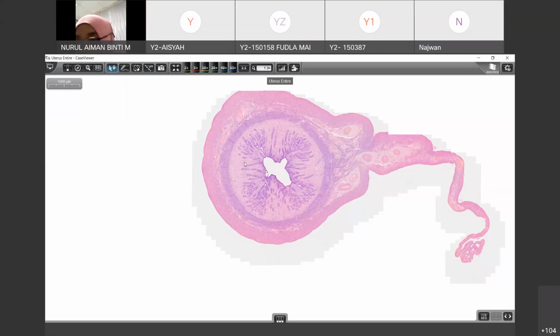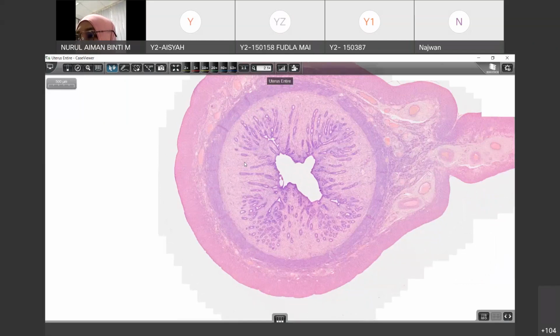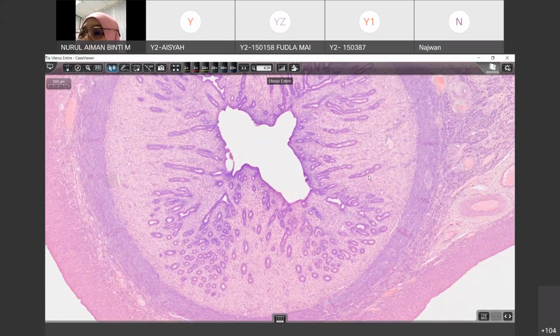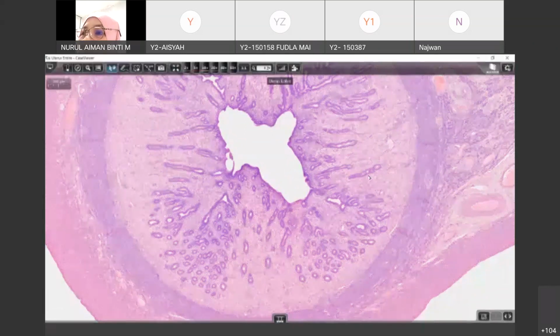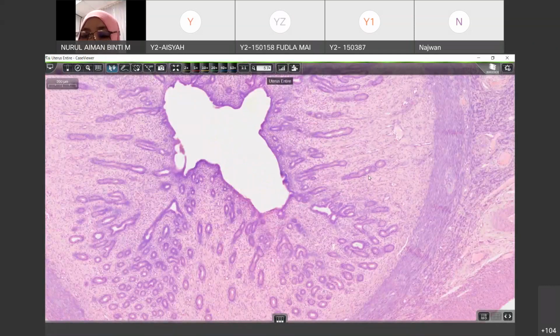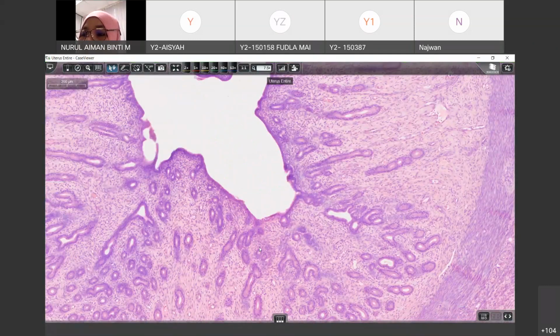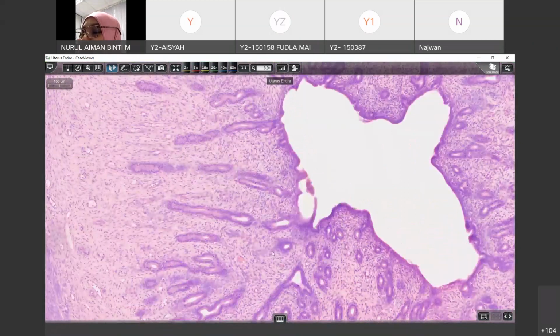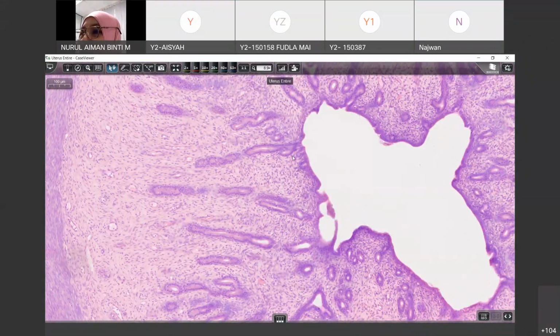So it is divided into endocervix and ectocervix, and this part, which contains a little bit of uterine glands, is which part? Is this the endocervix or ectocervix?